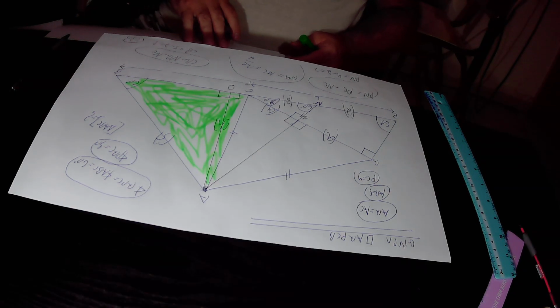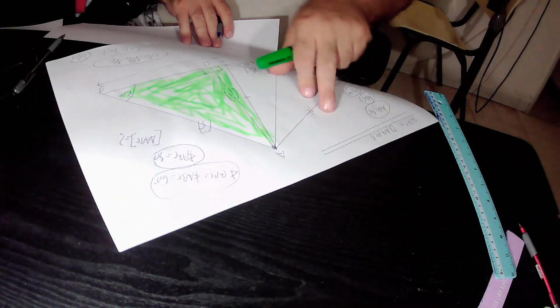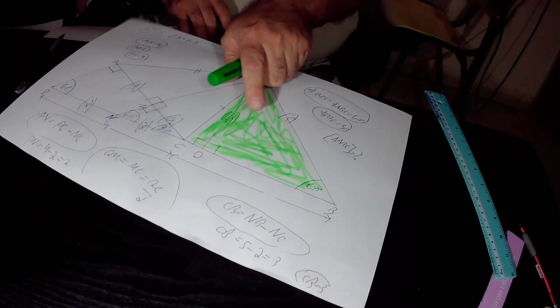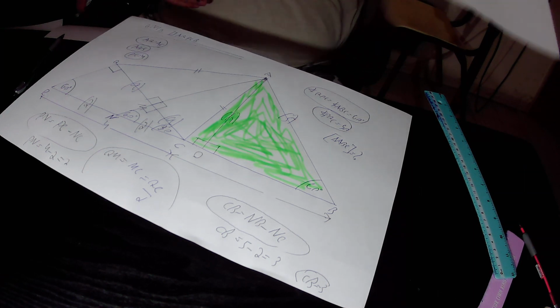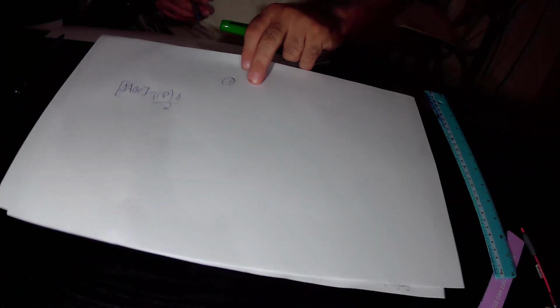And again, the area that we're looking for is the base CB times the height H over 2.